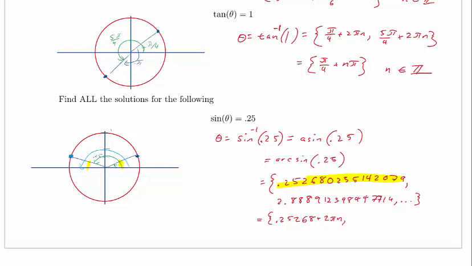And then for the next one, we've got 2.8891. And again, plus 2 pi n. And that would be where n is all real numbers.